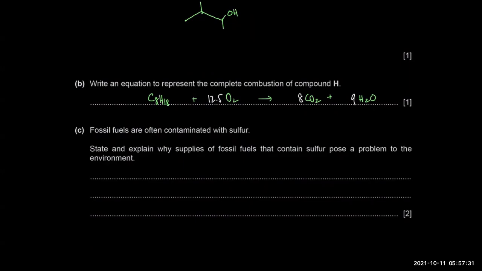So we can say that combustion of sulfur produces sulfur dioxide, which contributes to acid rain. So really it's sulfur dioxide that's the pollutant that causes acid rain eventually.